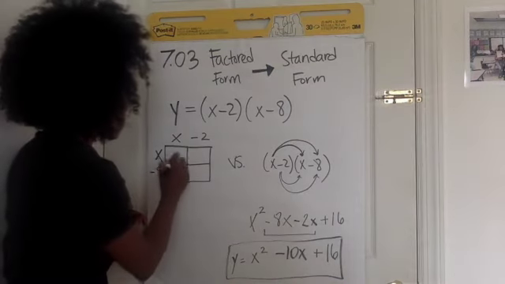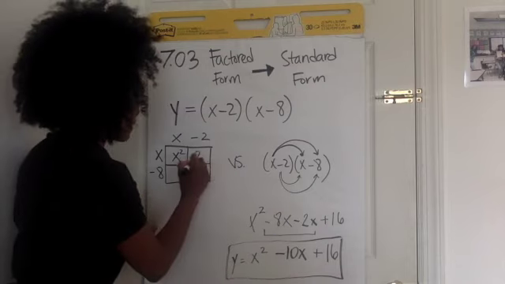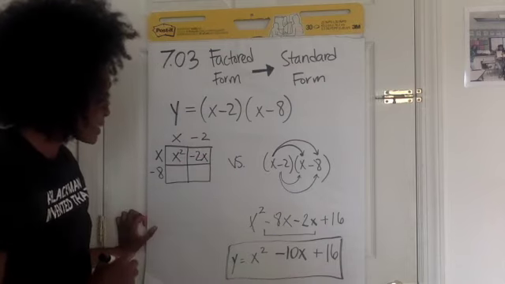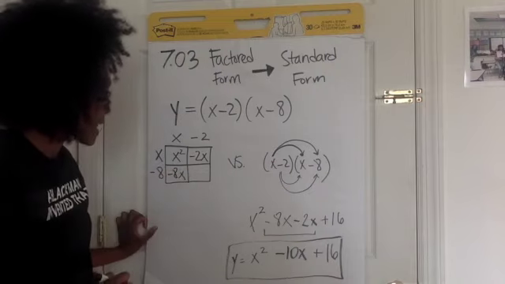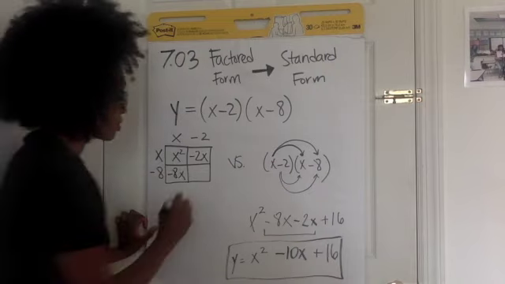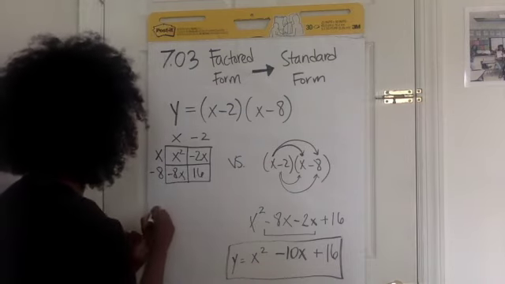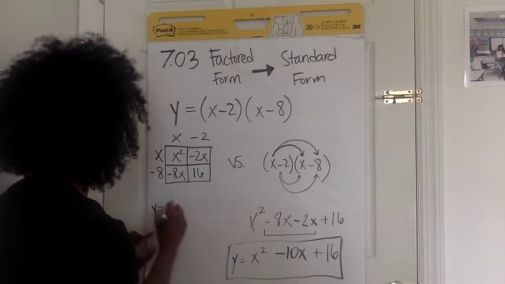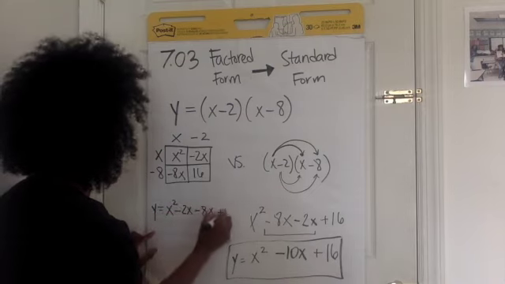X times x, x squared. -2 times x, -2x. X times -8, -8x. And -8 times -2, positive 16. So I have y equals x squared minus 2x minus 8x plus 16.